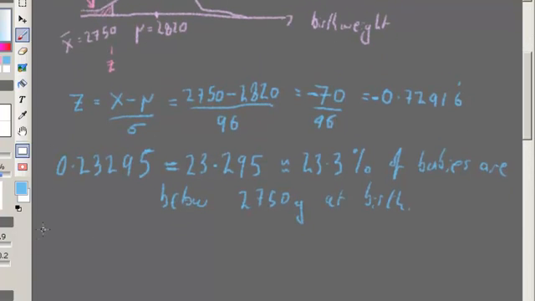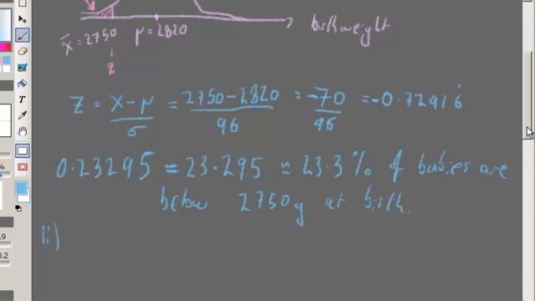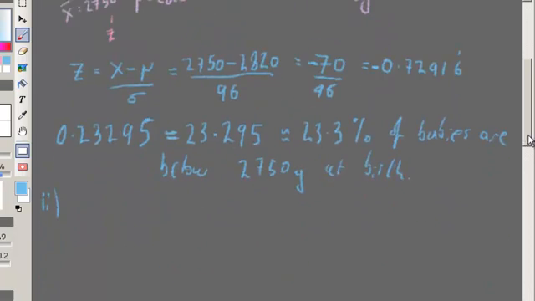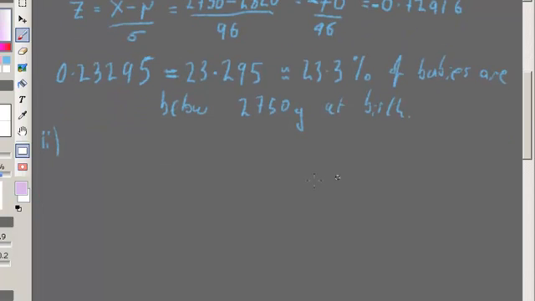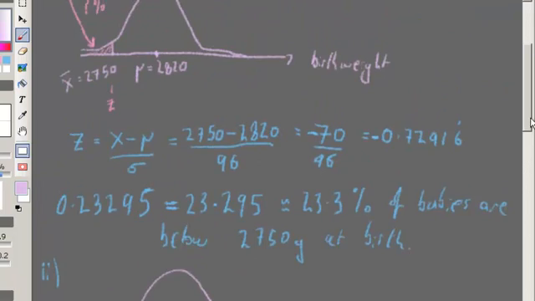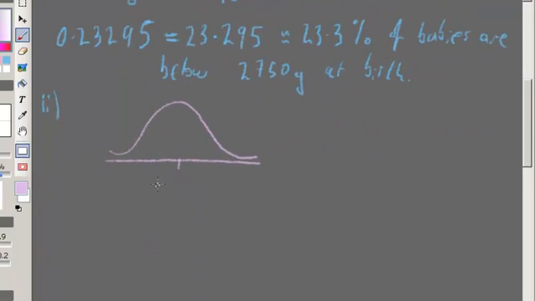Right, now let's have a quick look at part 2. Now part 2 is a slight variation because here we're dealing with the same situation, same distribution. So we've got the mean of 2820, mu.